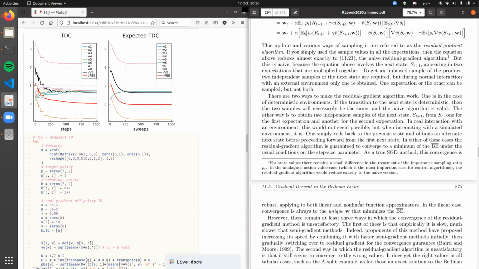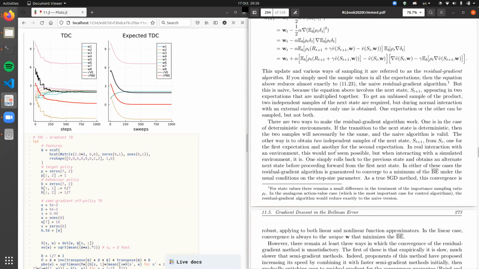Another way is that, if we are running a simulation, we can draw multiple samples from the same state, and then use independent samples for s sub t and s sub t plus 1.